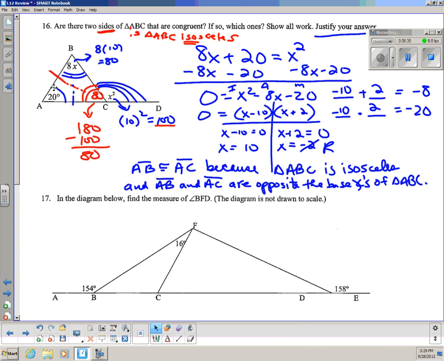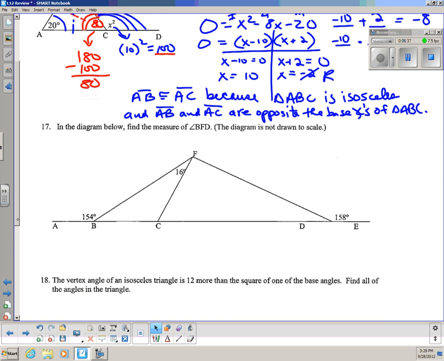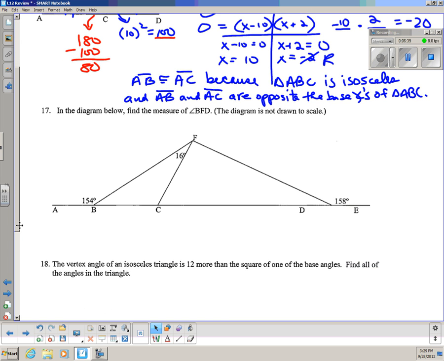All right, number 17, in the diagram below, they want us to find the measure of angle BFD. So you kind of have to look at what you have and see what you can get real quick. So, for example, this angle is 154 degrees. I can get the next door neighbor by subtracting from 180. 180 minus 154 is 26.